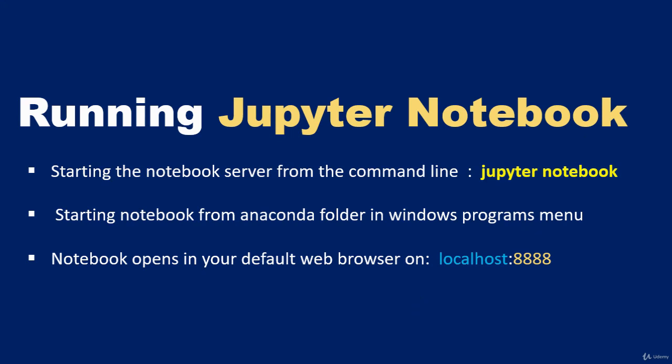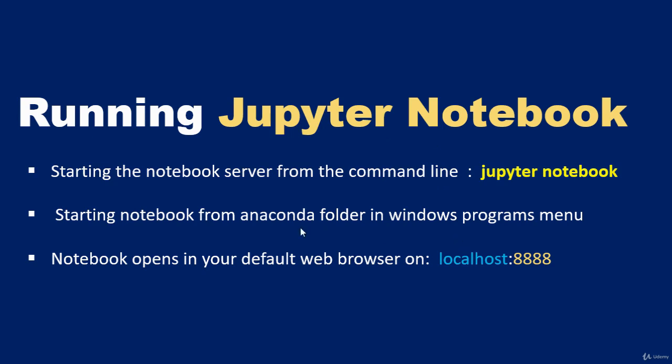I have shown you how to start the Jupyter Notebook server from the Programs menu on a Windows-based computer, which opened up the console and also opened up the notebook in your web browser on localhost:8888. I'm now going to show you how to start the Jupyter Notebook from the command line, which is the command prompt on a Windows-based computer, but the process is the same on the terminal.